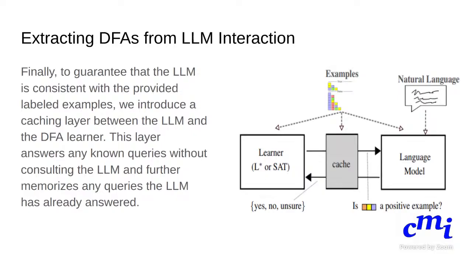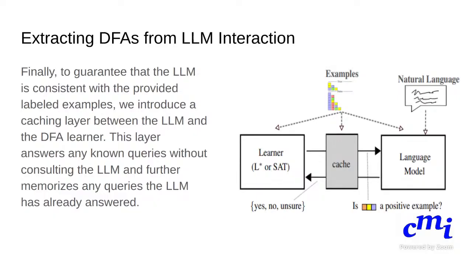I have a couple of questions here. Firstly, even though the user has given us some concrete ground truth, positive and negative examples, are we still going to ask the model if a known example is a positive example or not?